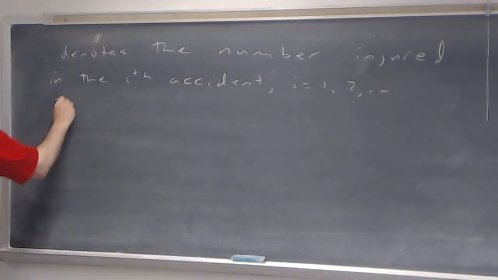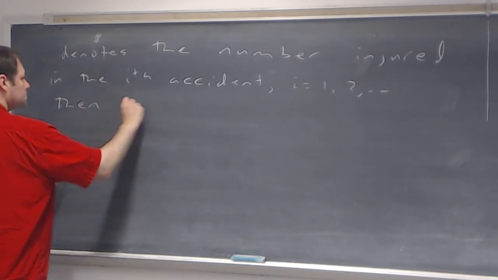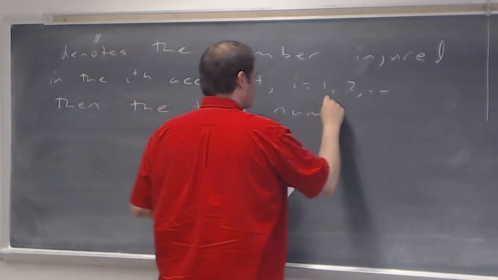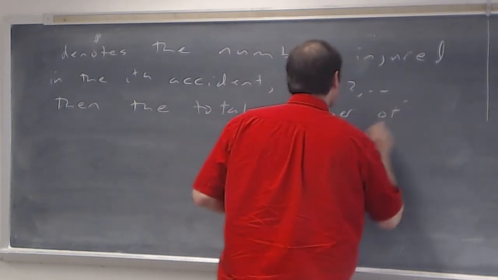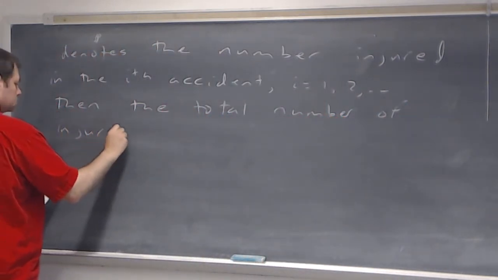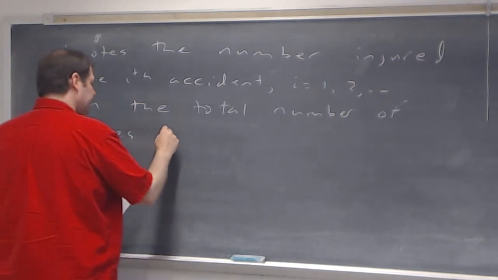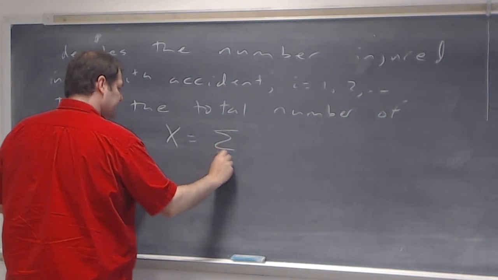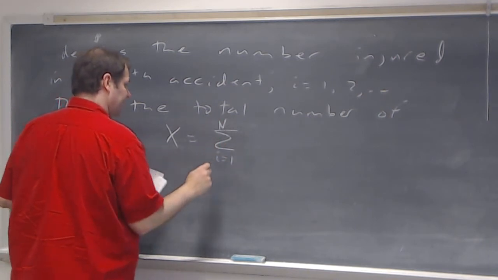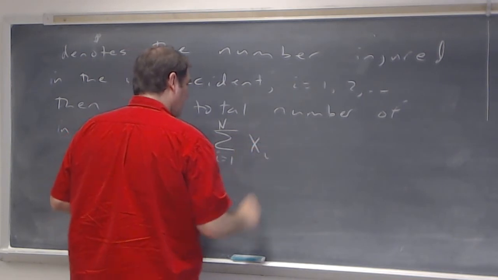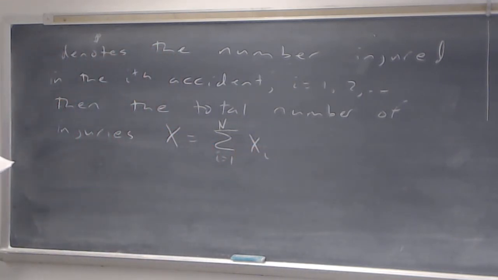Then the total number of injuries is a random variable X, which is the sum as I runs from 1 to big N, where N is the number of accidents that occurred, of X sub I.